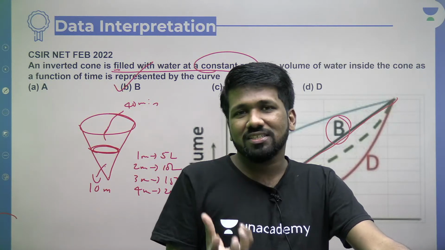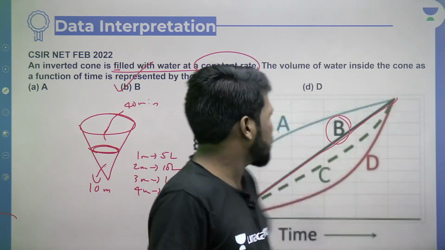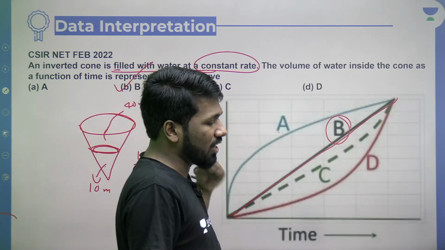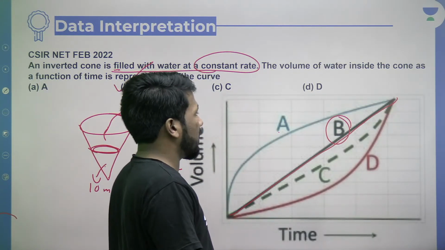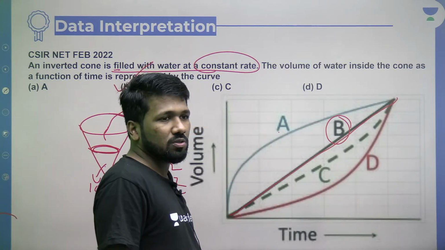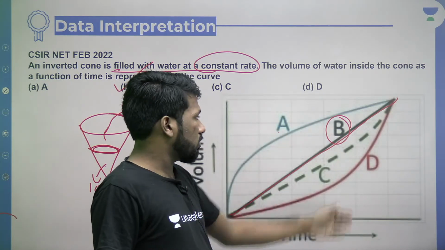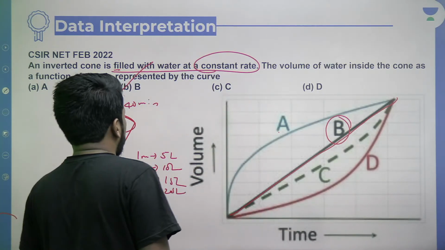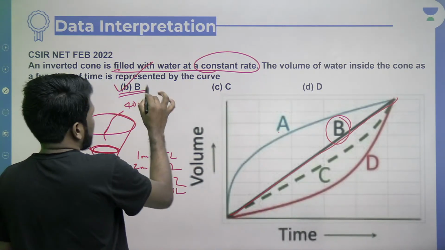Volume is the content inside, whatever shape. If the question says that water is filled at a constant rate, that means volume is increasing at a constant rate. The first sentence itself is saying. So which option is a constant rate graph? That will be option B only, because all others are curves. Only option B is a straight line. So option B is the correct answer.